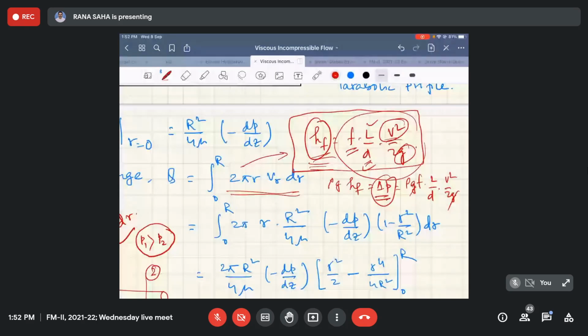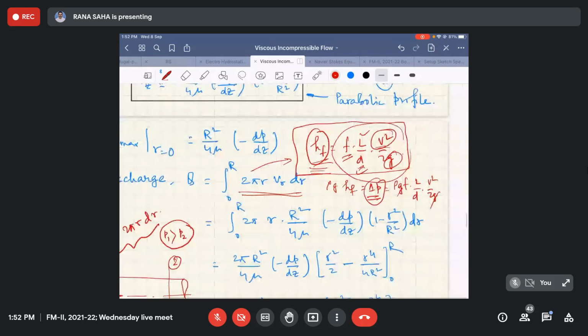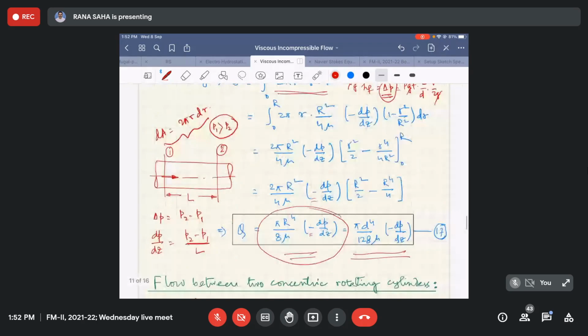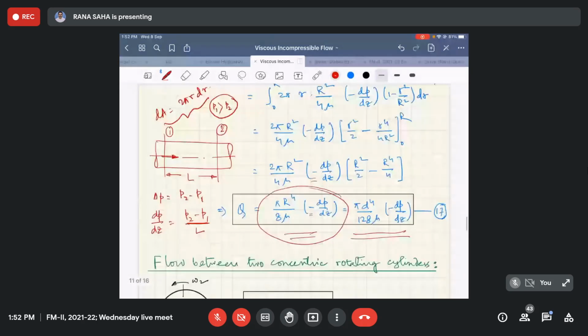So del p by l is a constant term, and if you consider del p by l as dp dz, so that is actually dp dz if it is linear. Clear? So in this way also we can establish that why this we can write as a linear form.